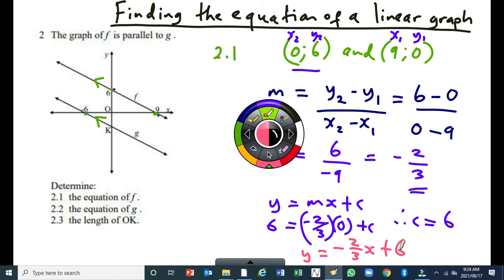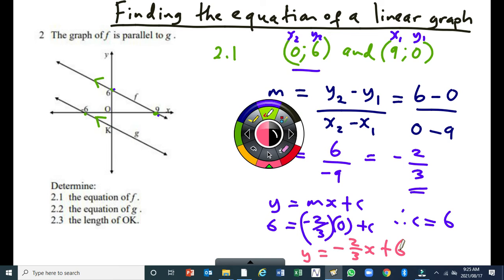Okay? Now, you can find this equation by finding the gradient only through a calculation. The c, you can identify it on the graph. But if it happens that you can't identify the c on the graph, it means that the question must give you another point along the straight line, where you know an x value and a y value.